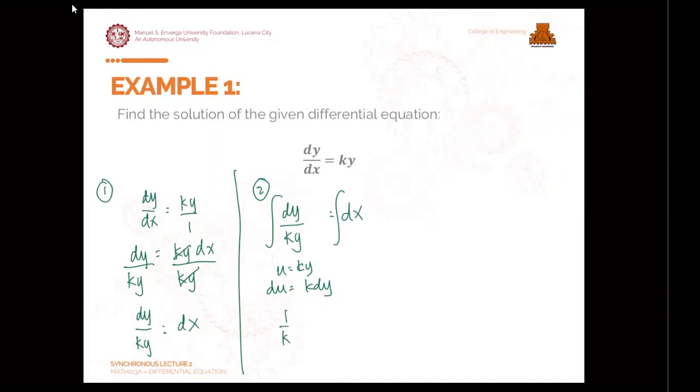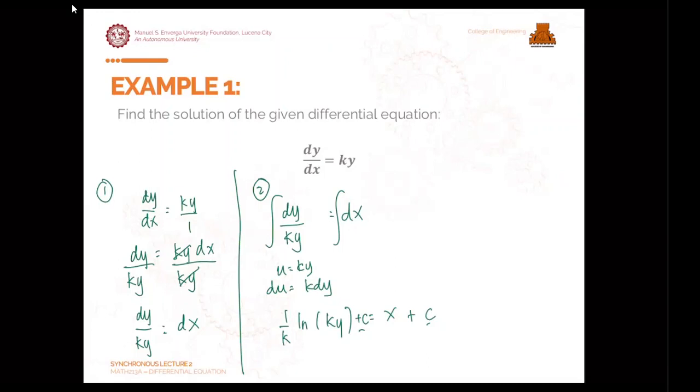Then, pag na-satisfy na yun, ln ky. Okay? It's equals to x plus c. Okay? Pero since meron tayong plus c, pwedeng pag-combine na lang natin.